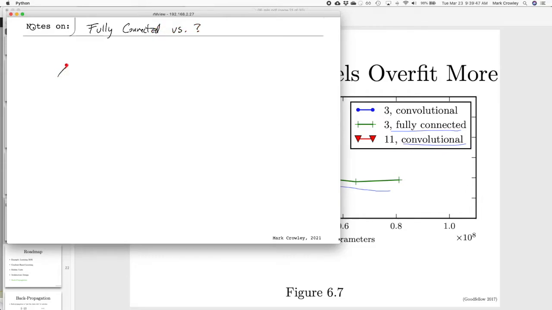So we have our inputs, we have some hidden nodes, however many there are. Say this is n for the data. I have a second layer.